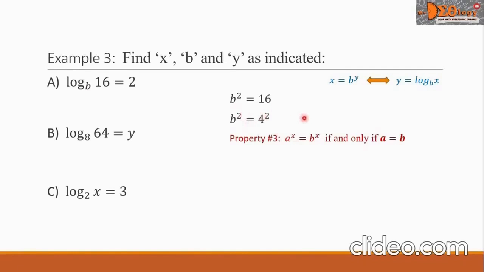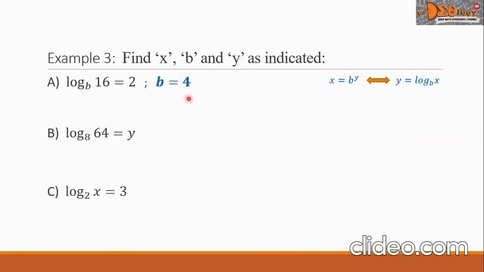So it means I can simply copy the b down here equals 4. So I have here b equals 4, and this is my answer for letter A. It means the value of b equals 4. I will just copy this answer opposite letter A.